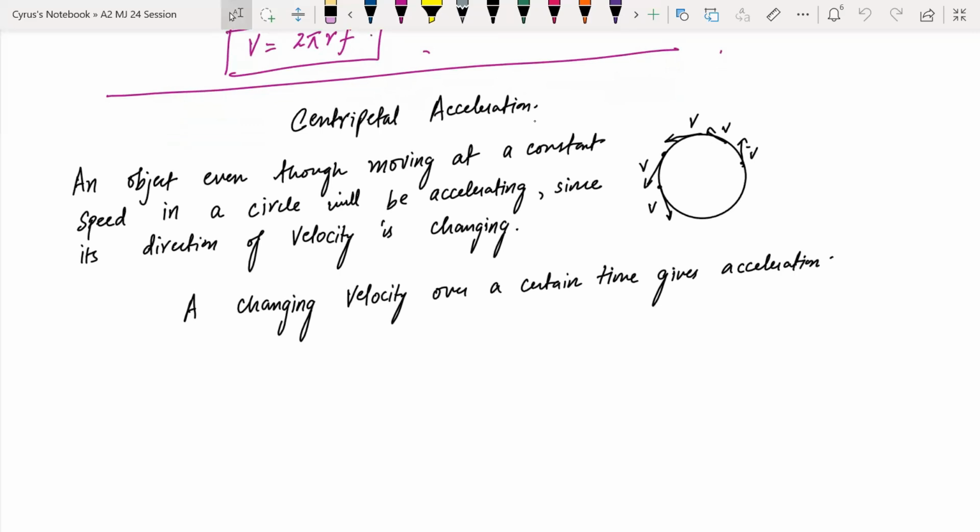Head to tail rule लगने की वजह से, I'm going to write here that a changing velocity over a certain time gives an acceleration. The direction of the acceleration is towards the center of the circle.